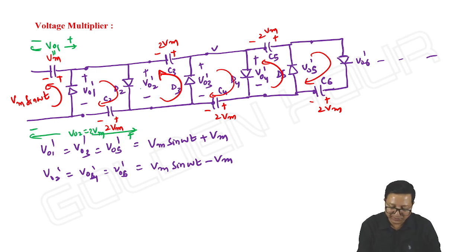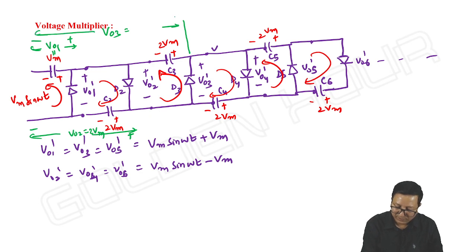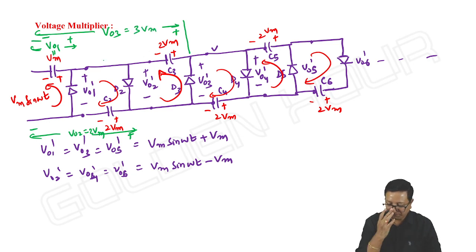Next VO3, go upstairs. 1, 2, 3, 4, up and down. We keep on moving. VO3, I am taking the polarities from right to left. What is this value? It is 2Vm plus Vm. It is 3Vm, voltage tripler.